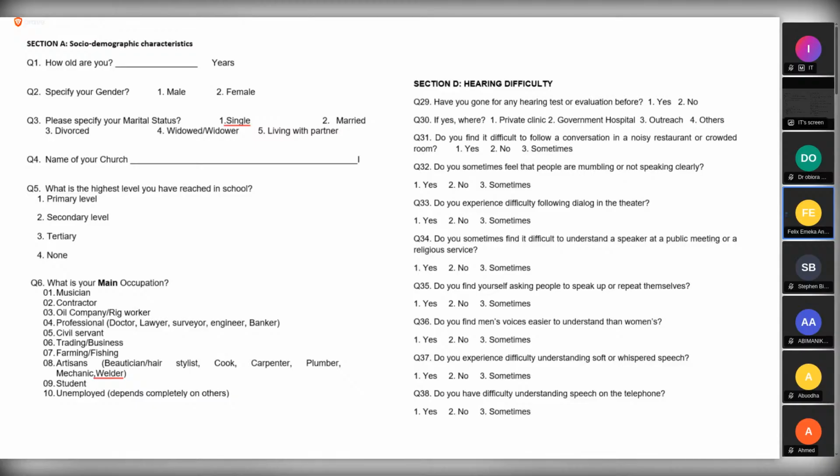Please take note, this is very, very important. If you're doing a KAP study, knowledge, attitude, and practice, the questions you ask to capture whether they have knowledge of a particular area should not be less than 10, because it takes a minimum of 10 questions to be able to measure knowledge.